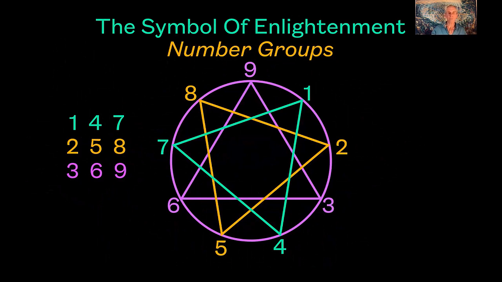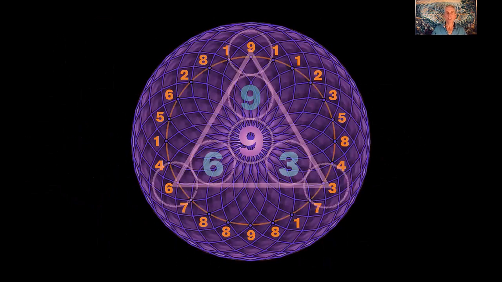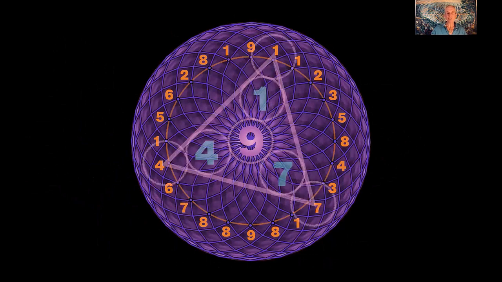These are very important because these number groups are embedded and fall out of the Fibonacci torus over and over and over again among many dimensions of perspective. So here's the first one that we've already visited, and here's another one.